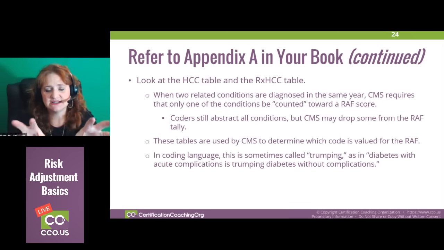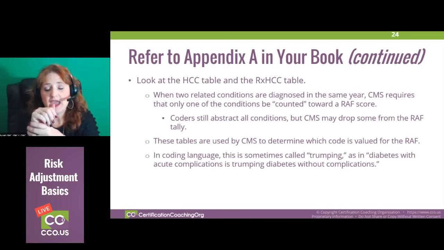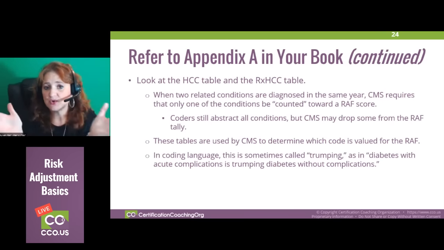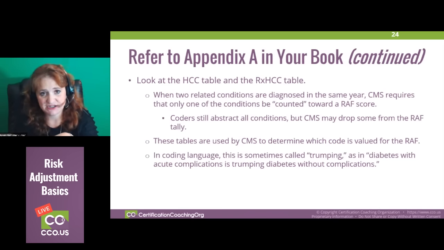All of this and the statistics that we've gathered allow us to come up with a RAF score. Now, you may or may not be involved as a CRC in determining RAF scores for a patient. Right? You may be what I call in the trenches coder, where you're just capturing the HCCs, whether it be RX or not. Or now with HHS, it could be an HHS HCC.